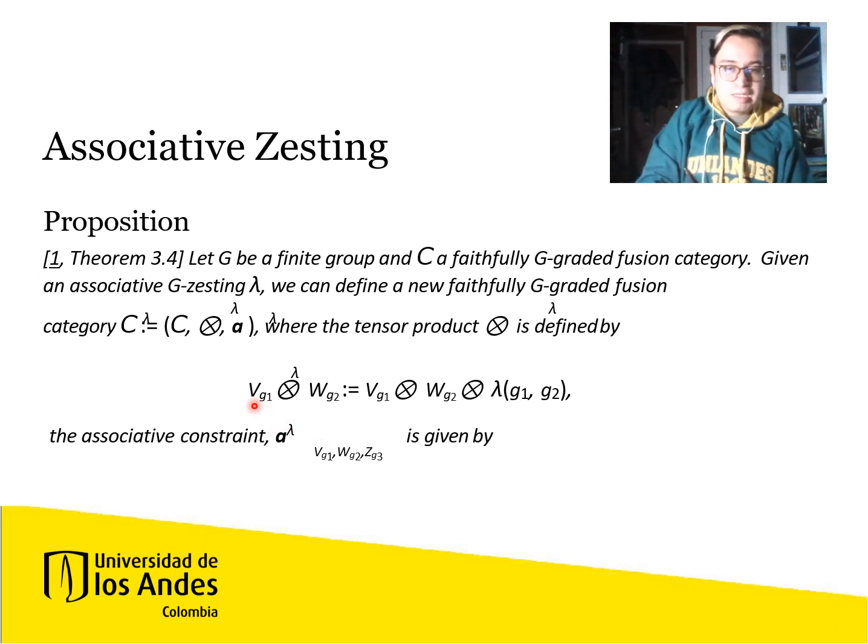When I take two elements in a component graded by g1 and a component graded by g2 and I take their tensor product, we have the following.